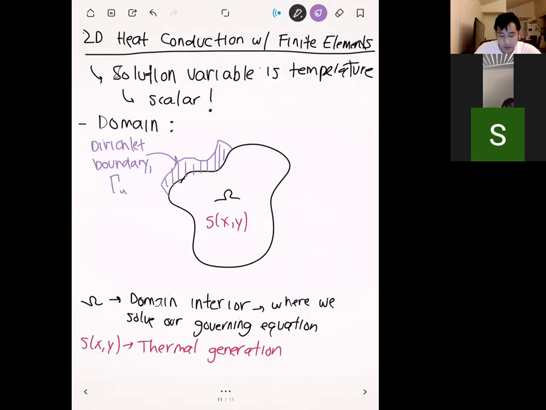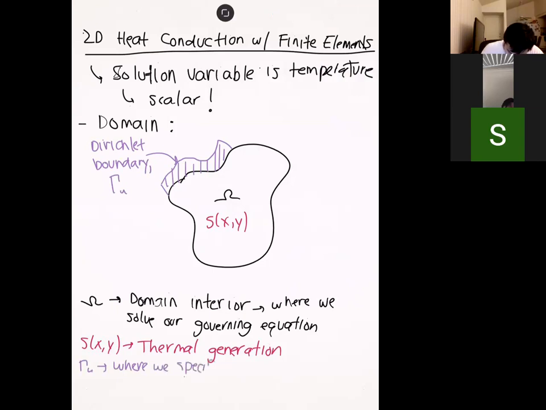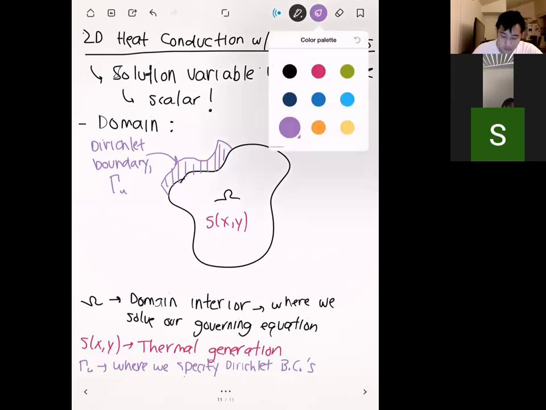On the Dirichlet boundary, this is where we supply our Dirichlet boundary conditions. And so remember, for 2D cases, we're no longer just supplying boundary conditions at a single point. We're supplying them over an entire edge.